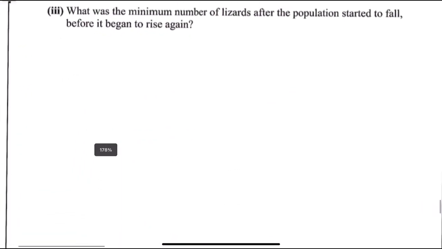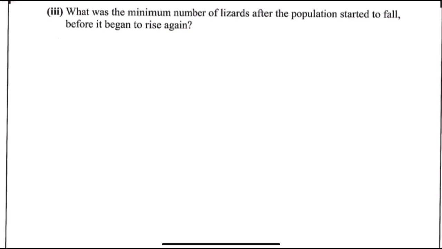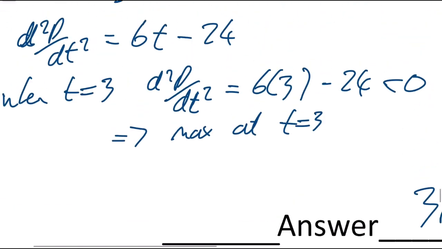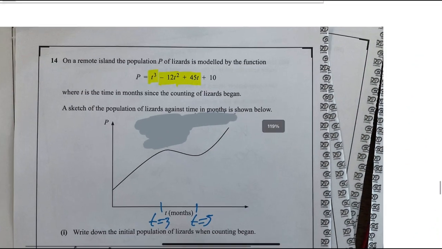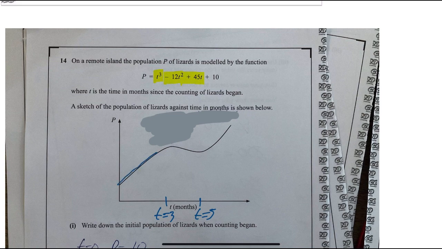Last part of the question, last part of the paper, very last question says, what is the minimum number of lizards after the population started to fall before it began to rise again? Okay, so imagine it goes up, hits a maximum, then it starts to fall, and then that's a minimum number. They're looking for this y value at this point.